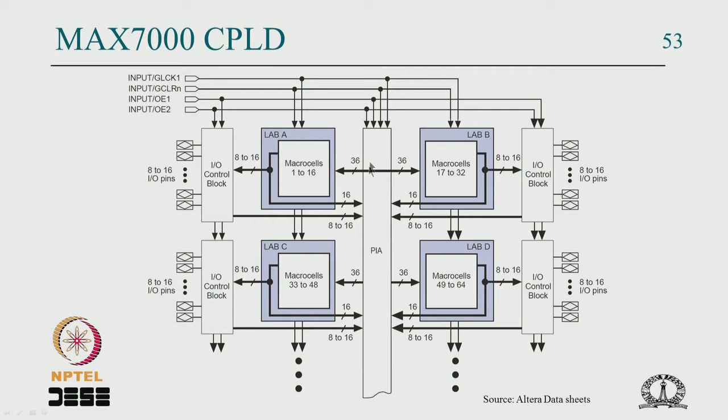When you say a crossbar, it means that any of these 64 can be connected to any of the 72. Maybe the first pin can be connected to 10, then the 15th and 7th can be connected to 6 and 2, and 9 can be connected to 1 and so on. All possible connections are possible, that is called a crossbar.